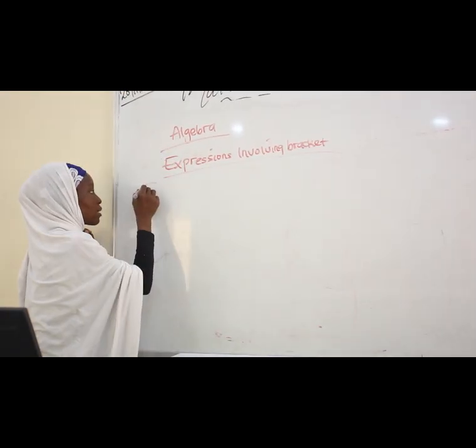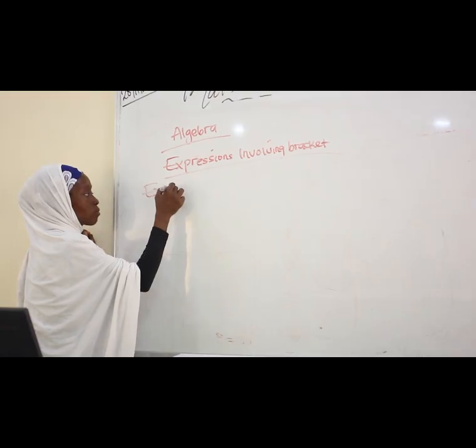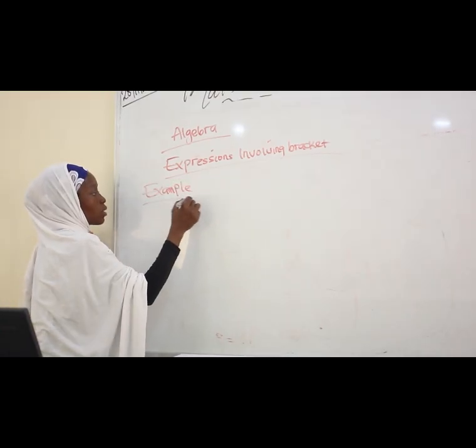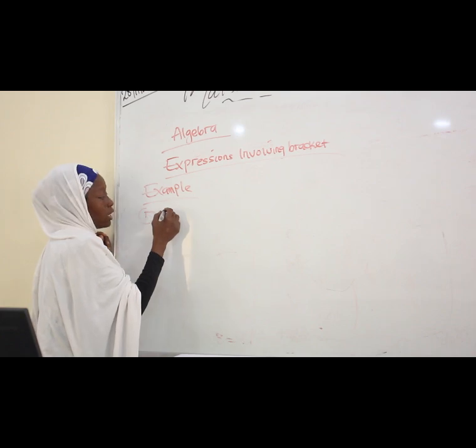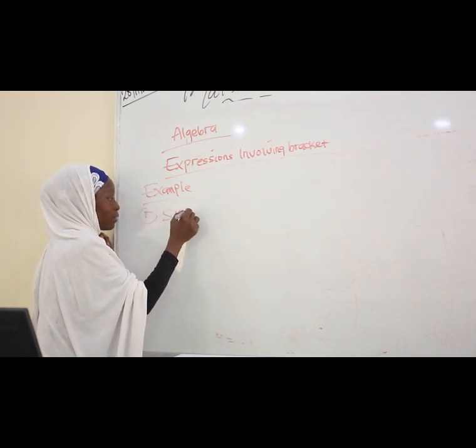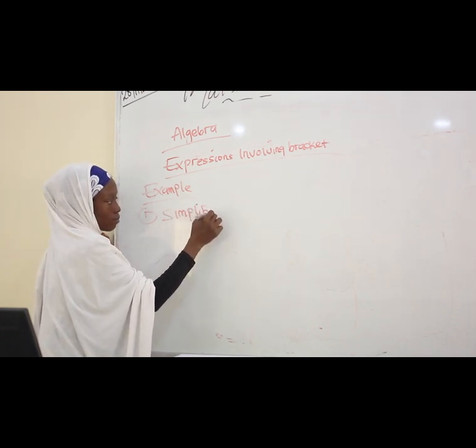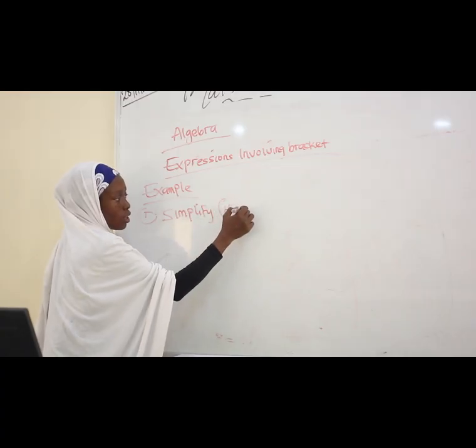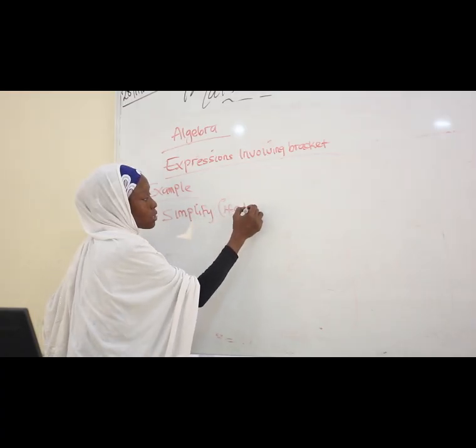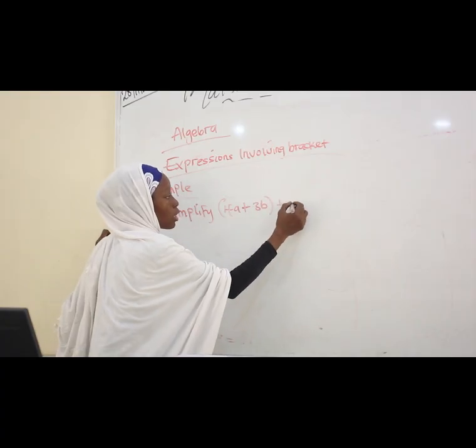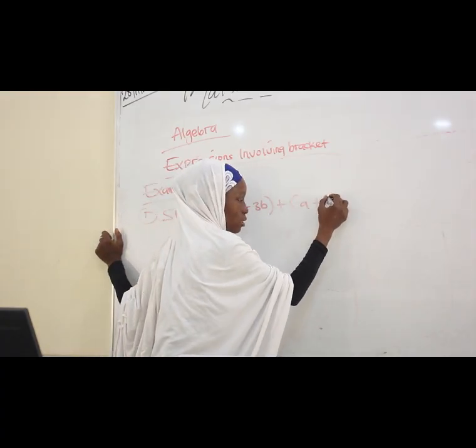Expressions involving brackets. Example. Let's say we are having, simplify 4a plus 3b plus a plus b.